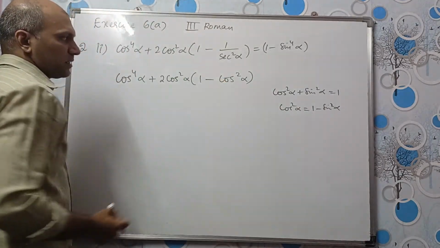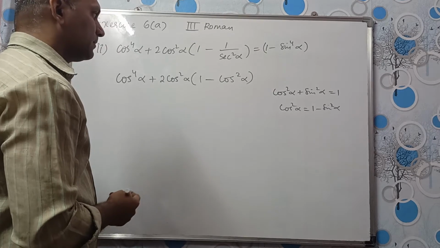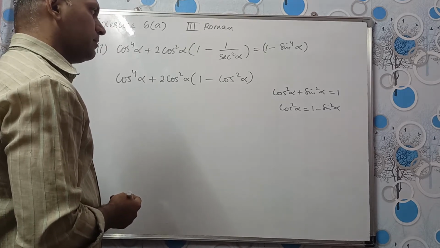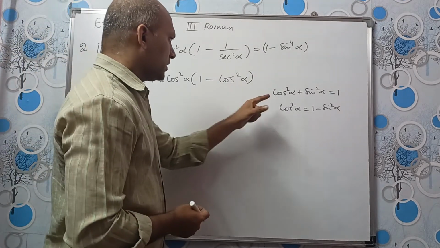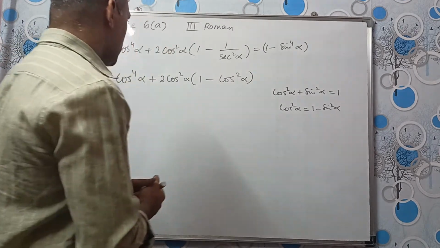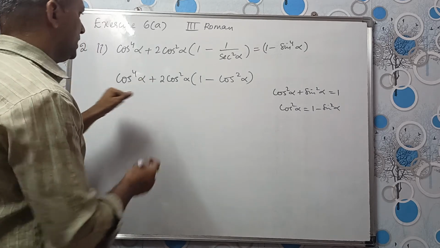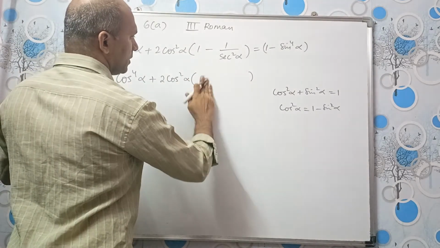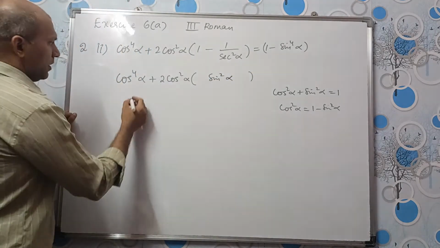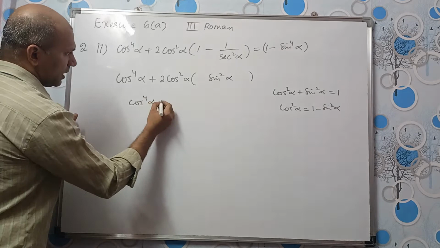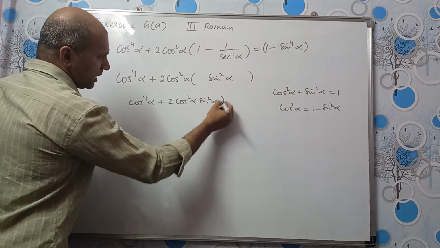So in place of this cos square alpha, can we write 1 minus sin square alpha? Yes. So this will still give us how much? Sine square alpha only, right? Yes. So this will be sine square alpha. Alright, so this is cos power 4 alpha plus 2 cos square alpha sine square alpha, right?